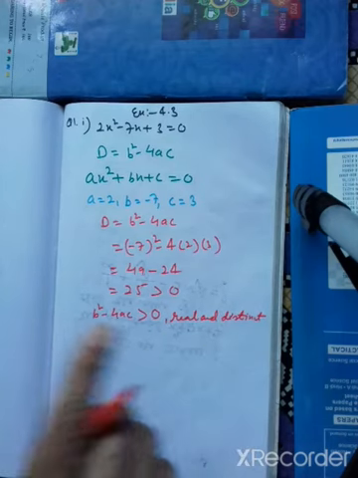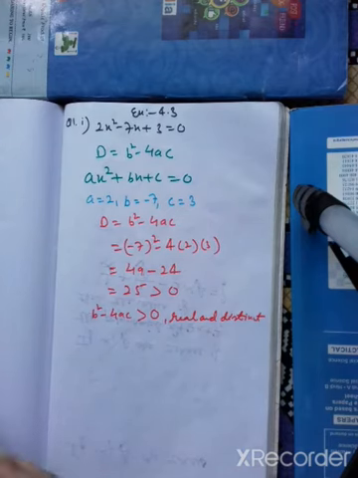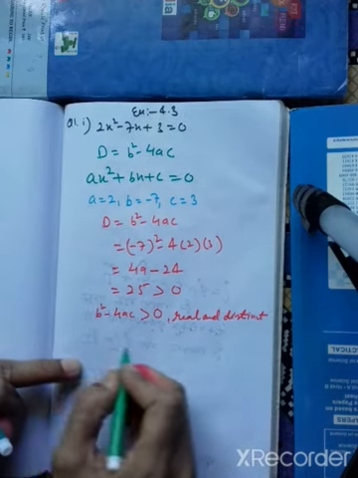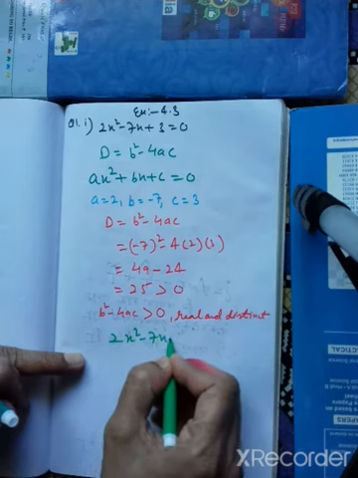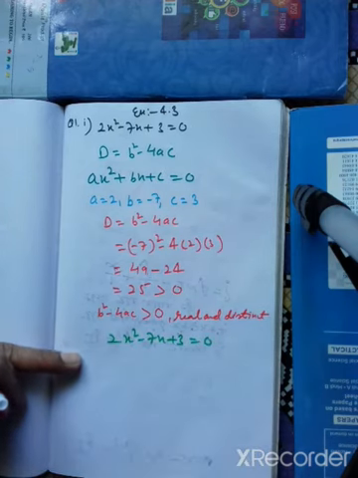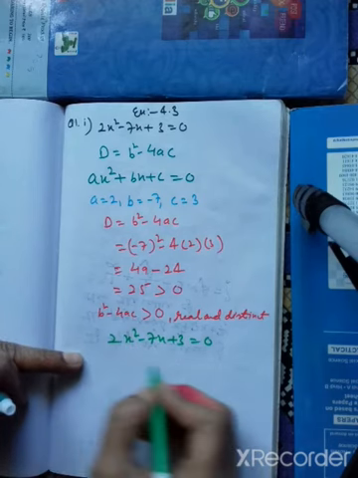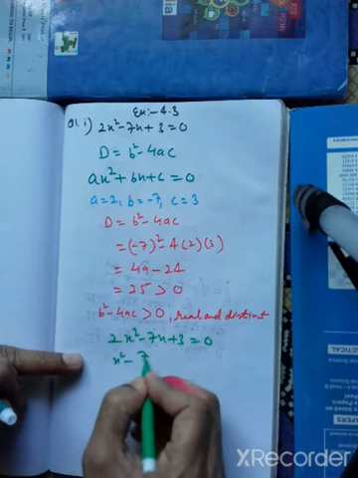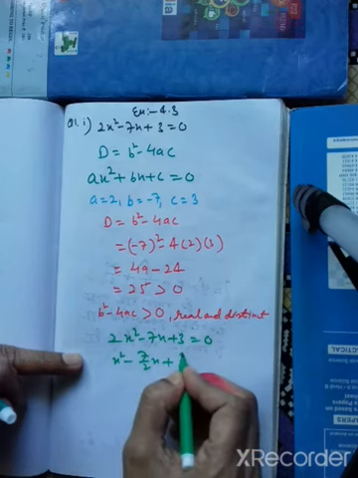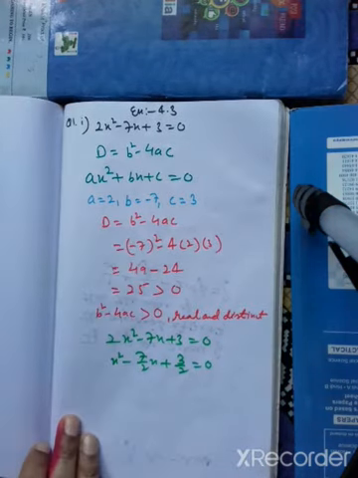Okay, now we are going to find the roots by the completing the square method. So let us apply completing the square. Our equation is 2x square minus 7x plus 3 equals 0. First step, to make the coefficient of x square 1, divide the whole equation by 2. So this is x square minus 7 by 2 x plus 3 by 2 equals 0 by 2, which is 0, right?